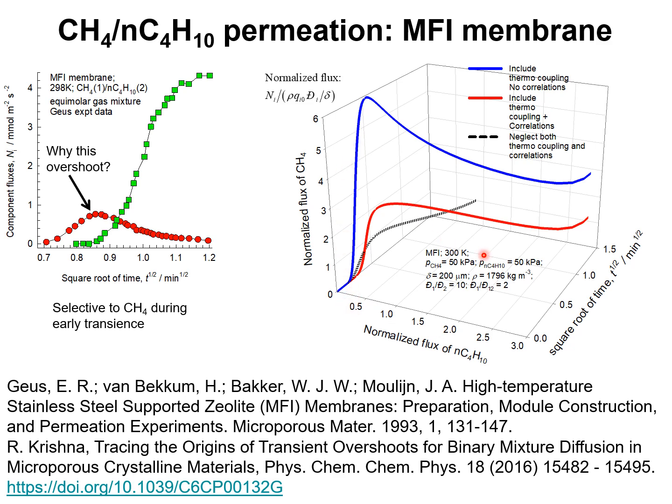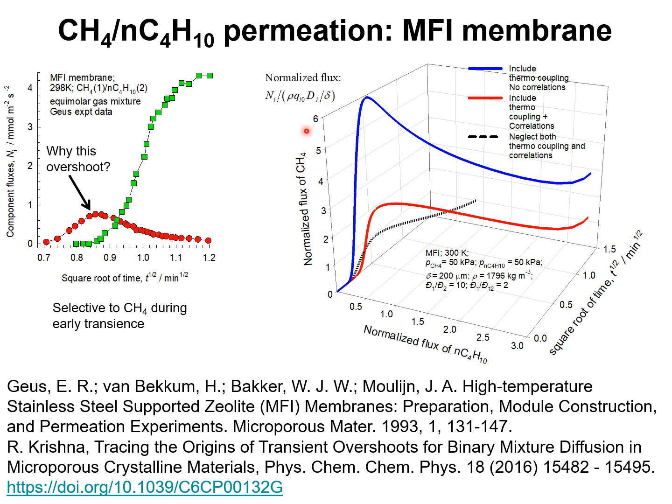Three different models are used for determining the fluxes, and they are all compared in this graph, which plots the normalized flux, where the normalized flux is defined as the molar flux divided by rho, the mass density of the membrane, the molar loadings at the upstream face of the membrane, the Maxwell-Stefan diffusivity for molecule wall interactions divided by the membrane thickness.